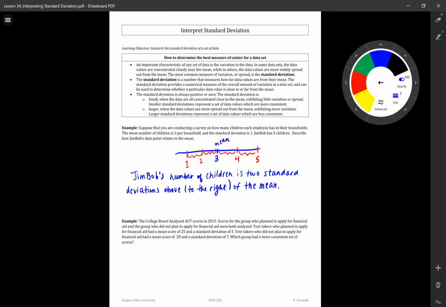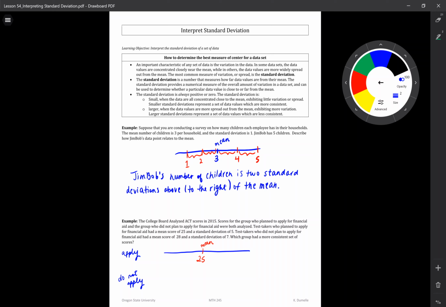So let's draw some number lines here. Let's draw one for those who plan to apply for financial aid, and those who do not plan to apply. Those who plan to apply had a mean of 25 and a standard deviation of 5.